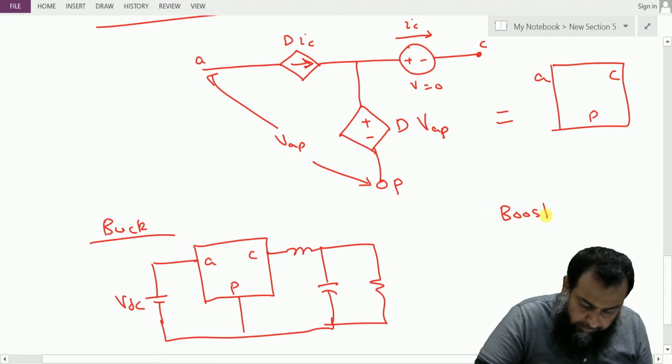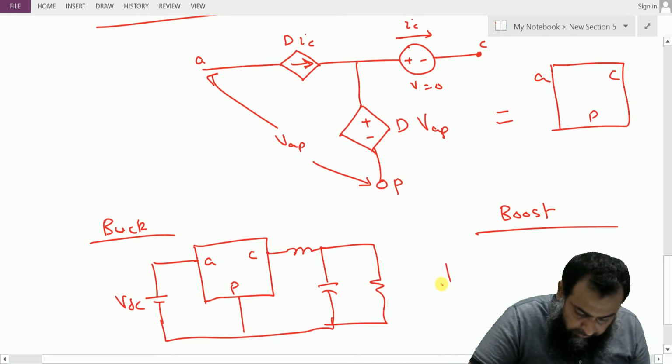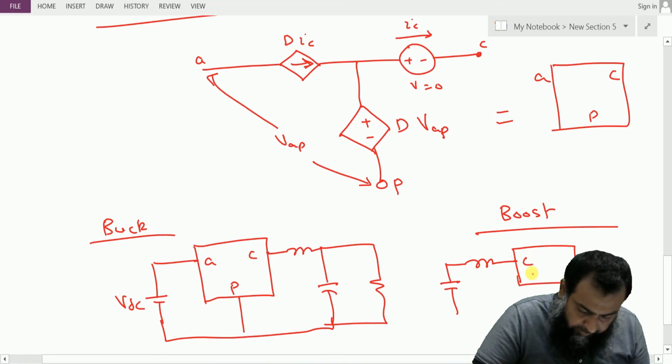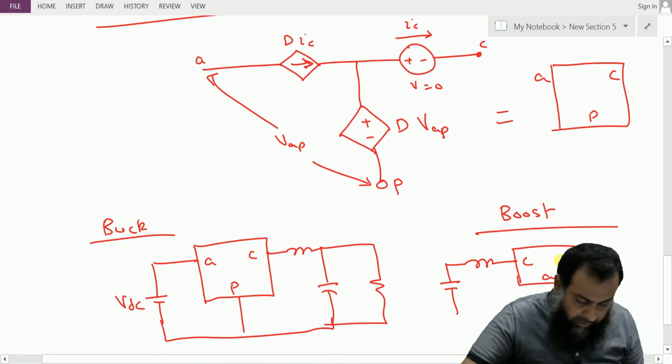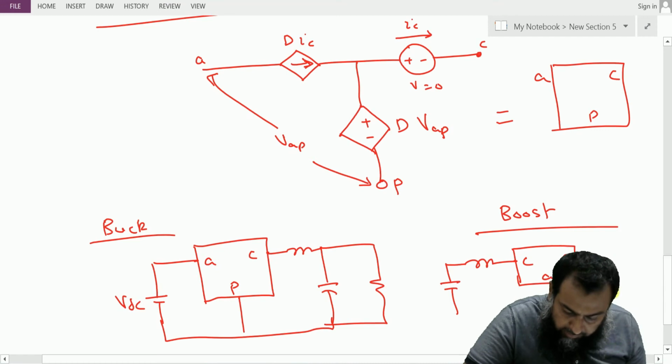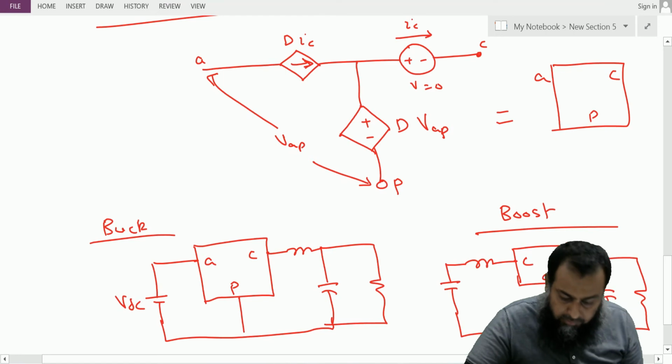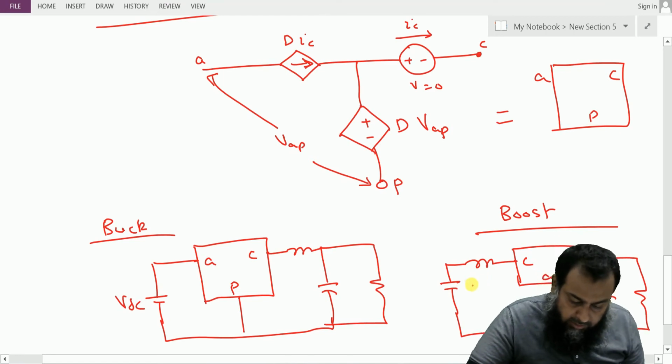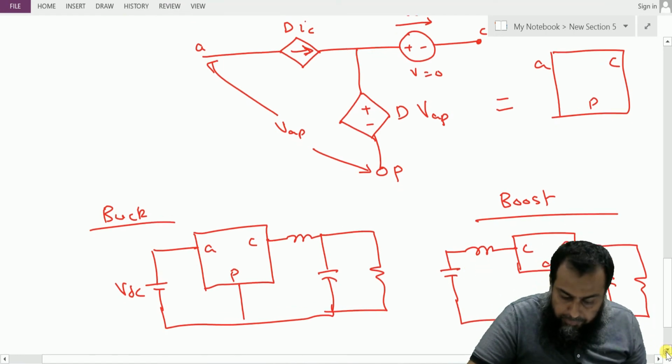For a boost converter, we have this one is C, this is A, this is P. Here we have the capacitor, and here we have this particular resistance, and this is for a boost converter.